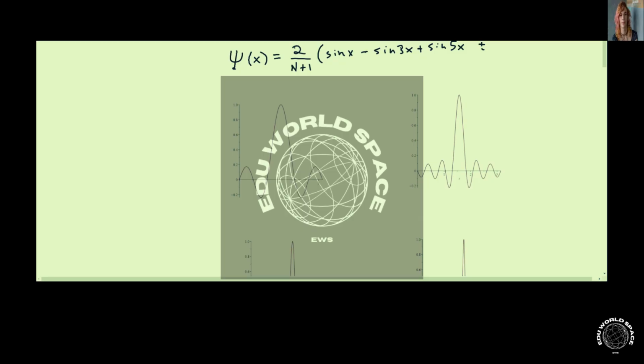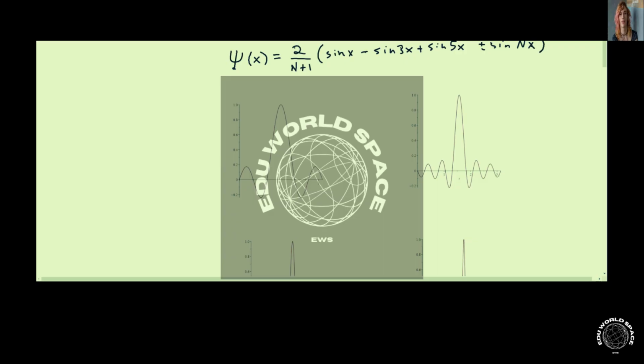So plus or minus sine of some big N times x. As mentioned, the quantity out in front is a so-called normalization factor that makes each wave function have a maximum close to 1, maybe exactly 1.